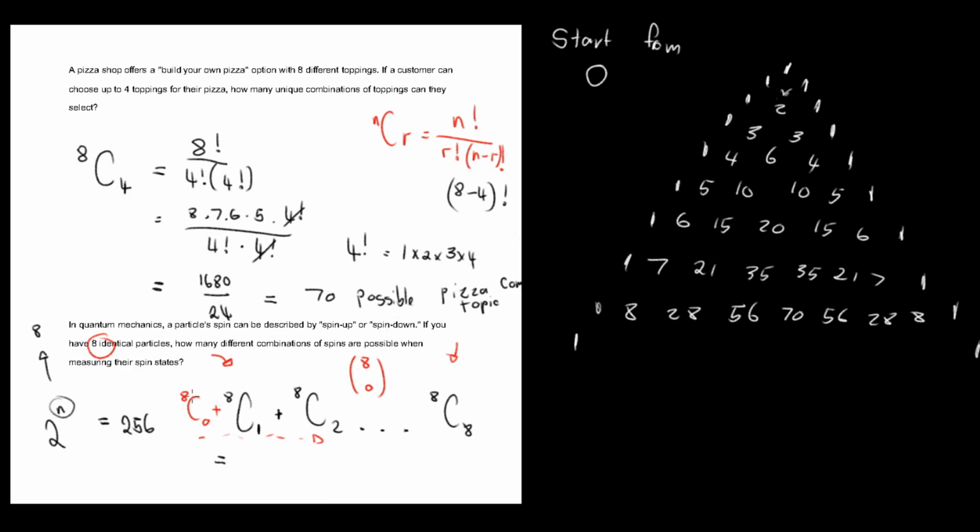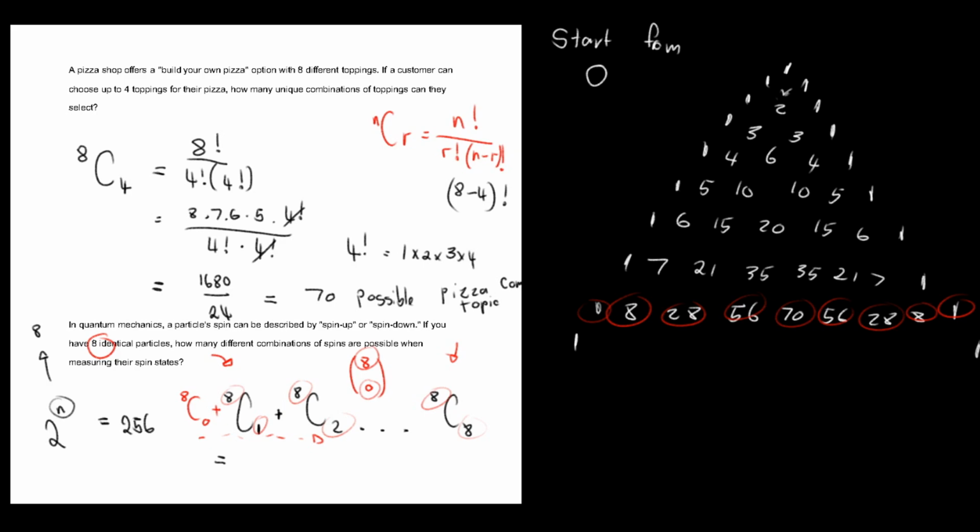Now how can I find these values? Well, I can look at the 8th row, the 0th term, then the 8th row, first term, 8th row, second term, and then the 8th row, the 8th term. So I can look at all these values, and then I can add them together, right?